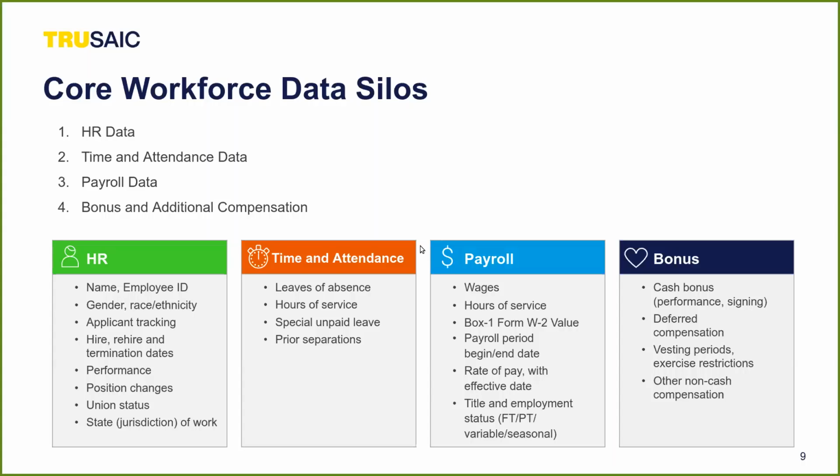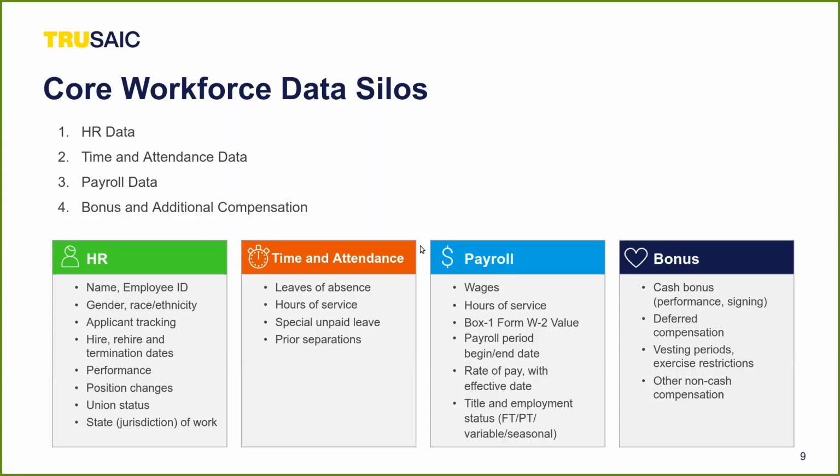Another one is just about the hours that people are working and when they're working and when they took leaves, and seeing if that data is being tracked properly. A third is the pay data. Okay, that's where the pay equity audit is really focused, in terms of explaining pay differences. So that's wages, payroll periods, types of payment, whether they're hourly or salary, and making sure that we have the job titles right for that.